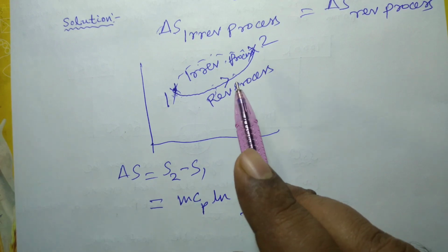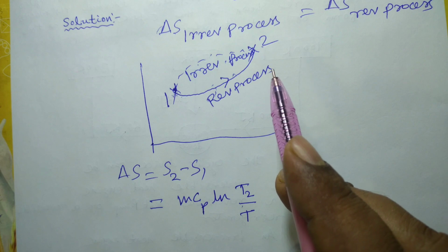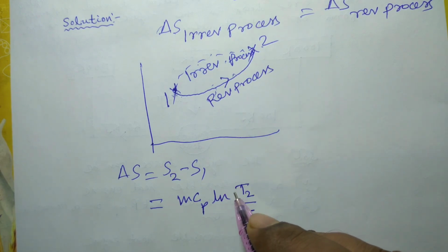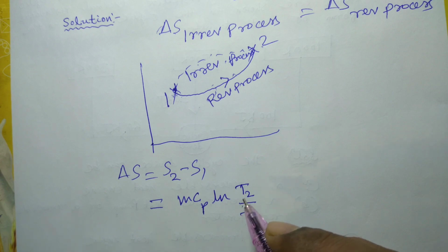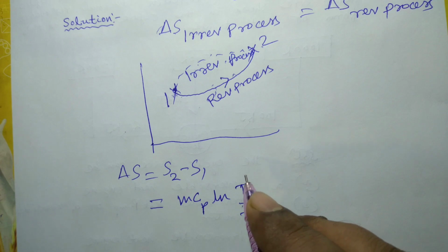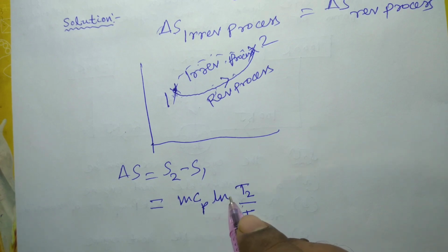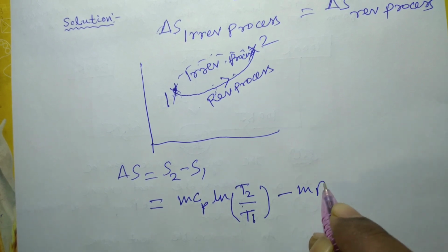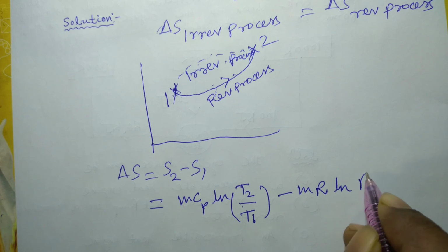So even though it has been asked to find the change in entropy along an irreversible process between two specified states, we can do it by calculating the change in entropy between the same two end states along a reversible process. The formula derived from integration is m Cp ln T2 by T1 minus m R ln P2 by P1.